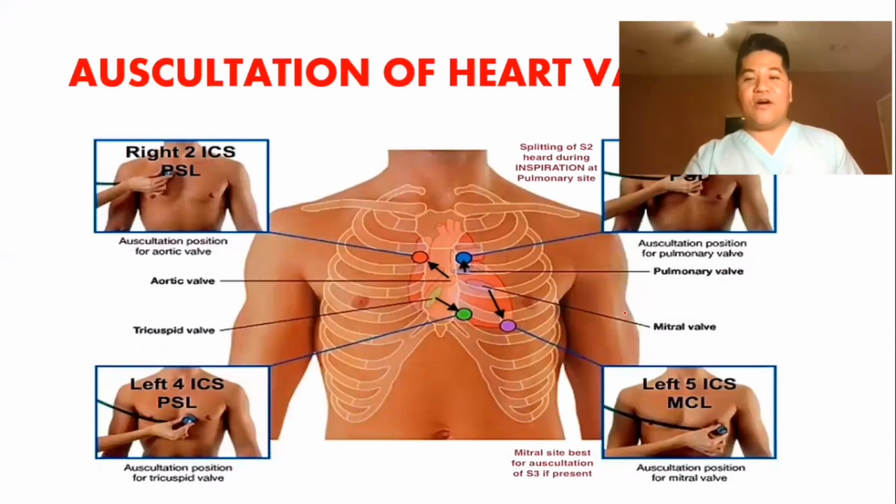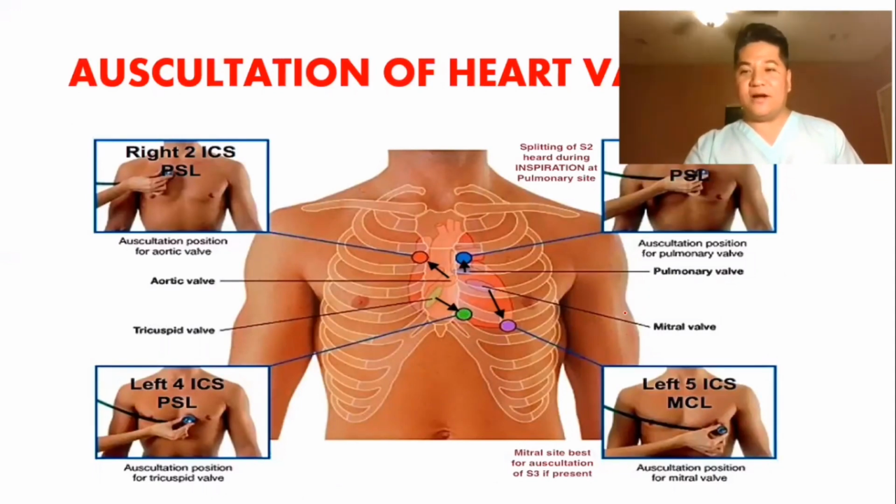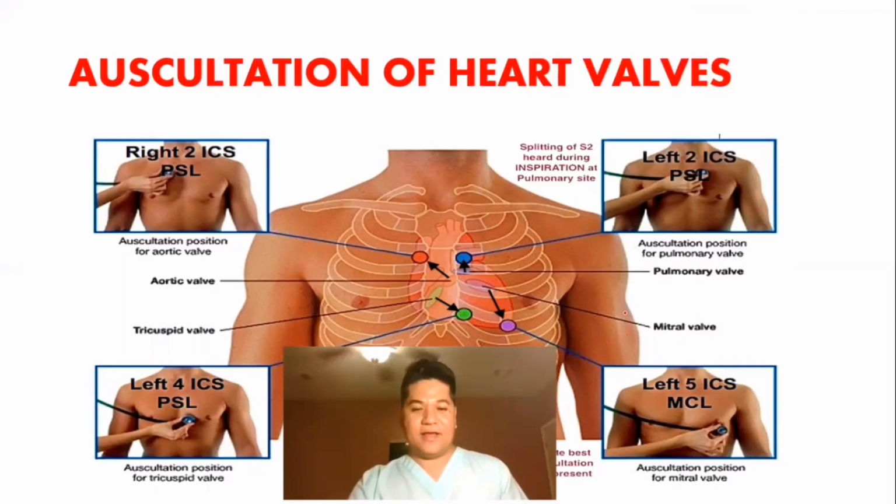Next is your auscultation of the valves of the heart. Okay, now auscultation of the heart. Some of these questions appear on the NCLEX, so we would like you to know about that. So first is your aortic valve.